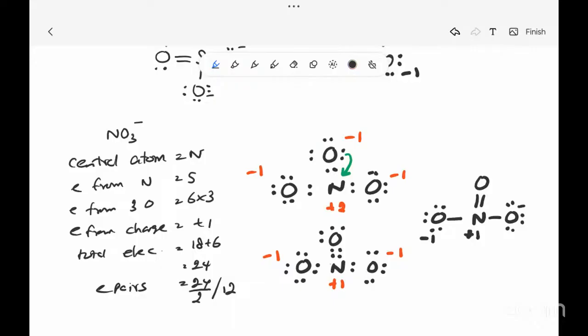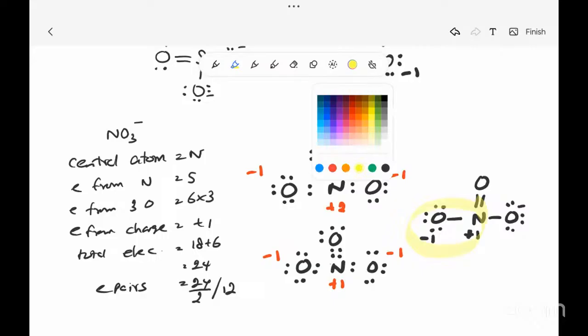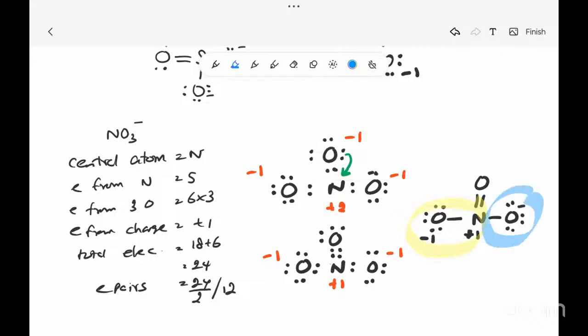This is the NO3 minus ion. This is a dative bond. You can see that one, right? And the other one, this one, it was there OH bond.